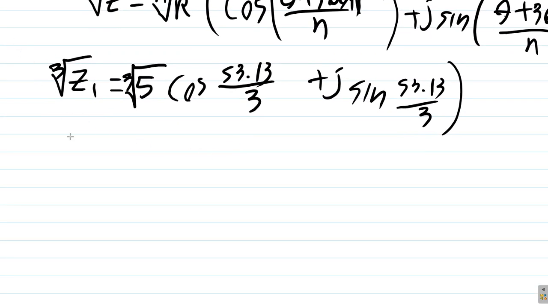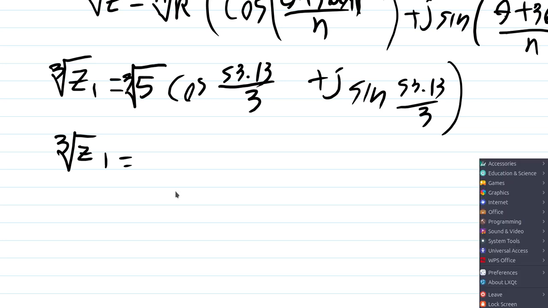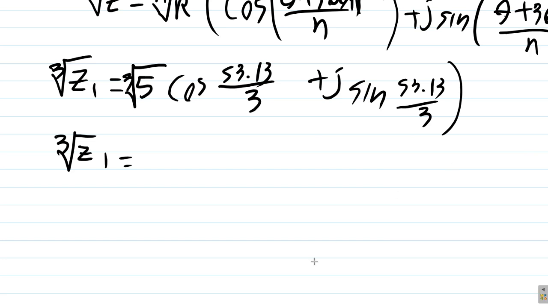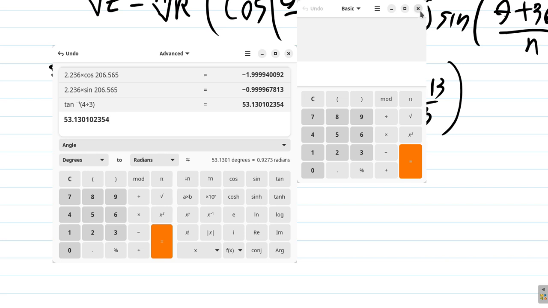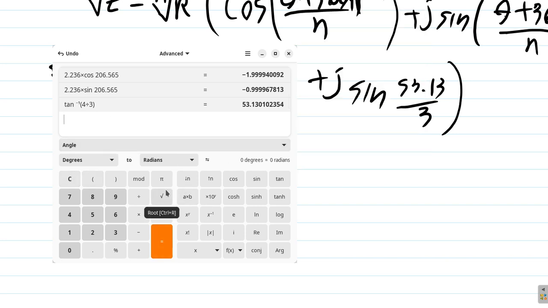So the first cube root of z is going to be, what's the cube root of 5 again? There's no direct cube root on this calculator, so I'm going to say 5 raised to the power of 1 over 3. That's the same thing as cube root of 5. That's 1.71.